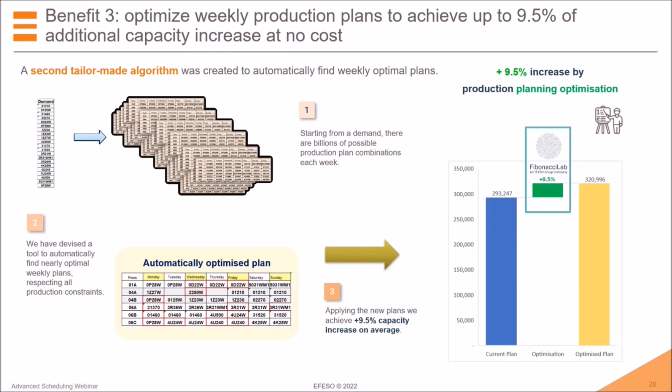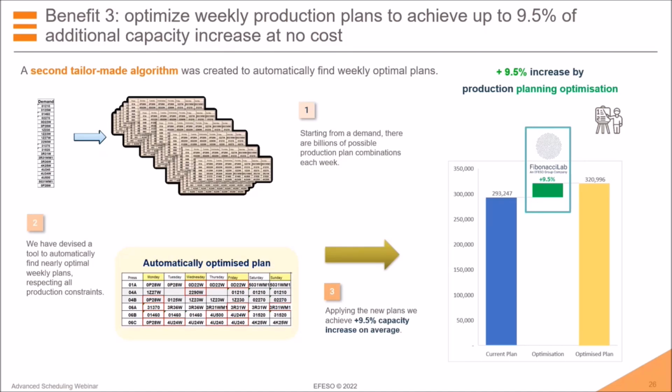There were billions of possible production plans, a combination to be chosen from. In addition, we have to take into account dozens of different possible constraints. Not all those plans are feasible, but this does not reduce the number significantly; it actually increases the complexity of finding an optimal solution. Doing this by hand in an optimal way is absolutely impossible. The plans are very good, but finding the optimal plan is very hard.